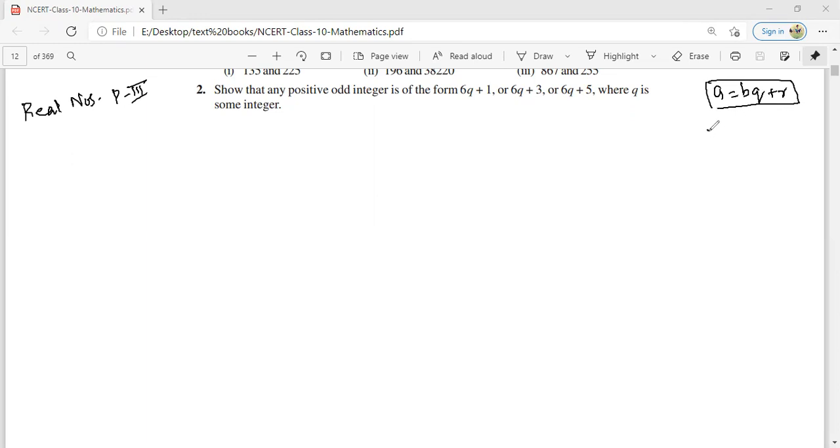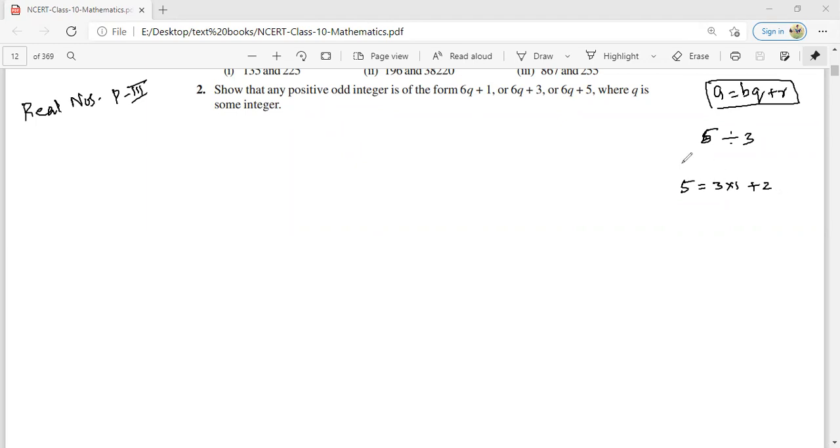If you remember, we have seen 5 divided by 3. So we can write 5 is equal to 3 into 1 plus 2.